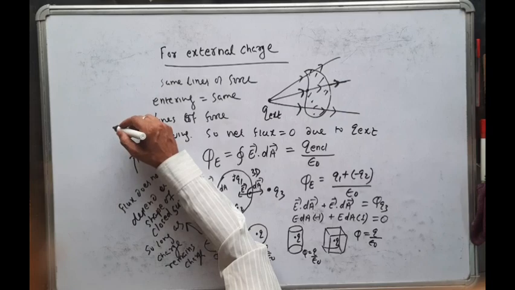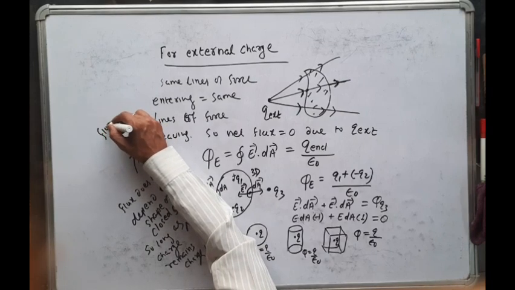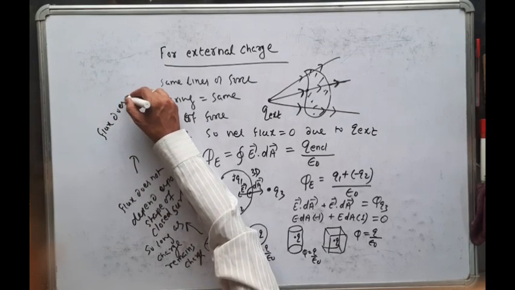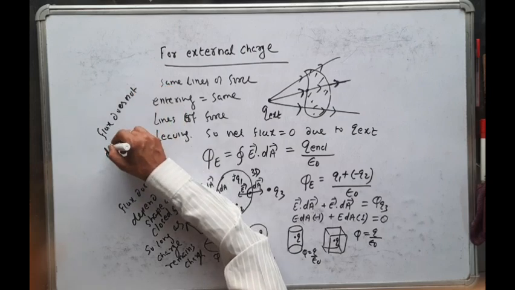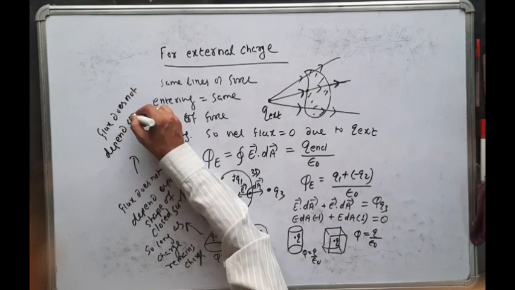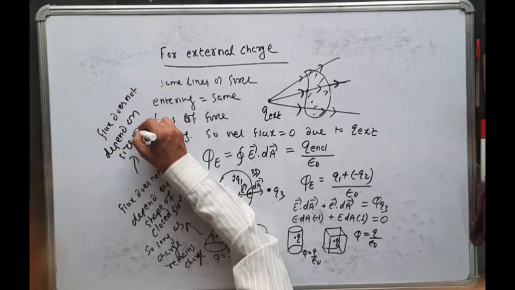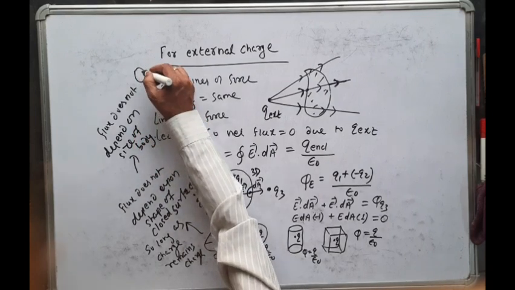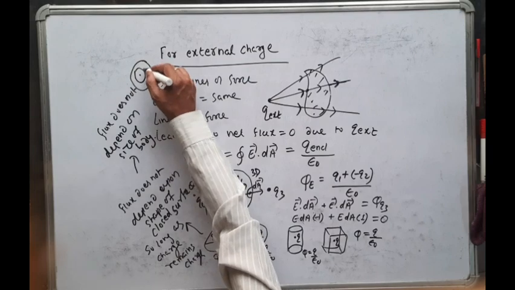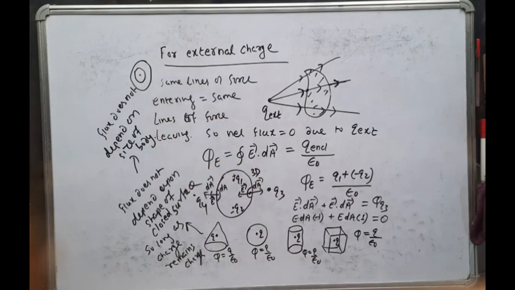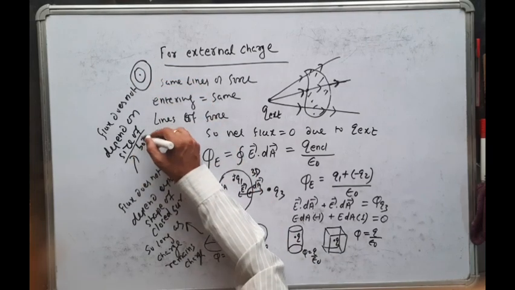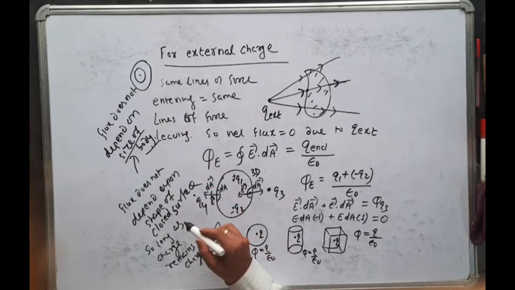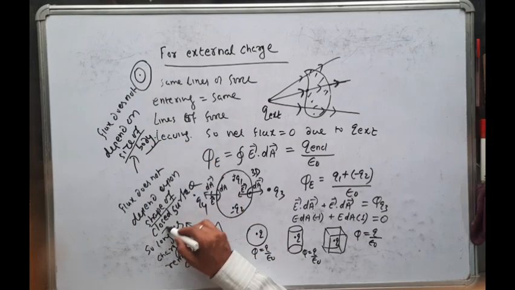Before that, I had also told you flux does not depend on the size of the body. I had taken a small sphere and a bigger sphere, and the flux is the same. So flux does not depend upon the size of the body, and flux does not depend upon the shape of the body.